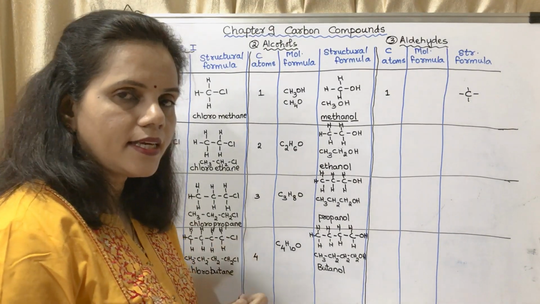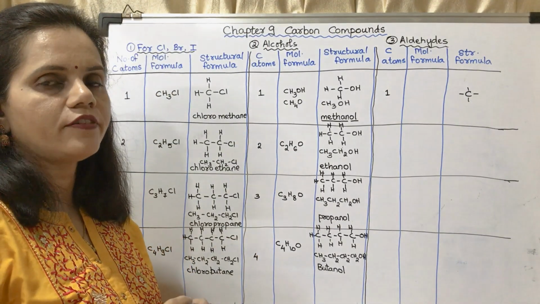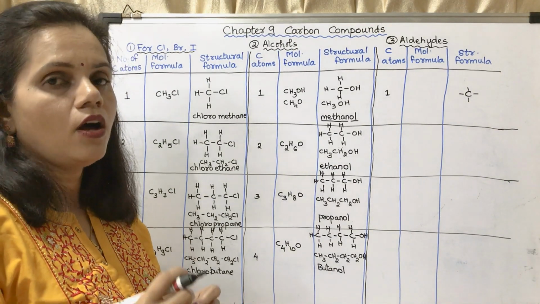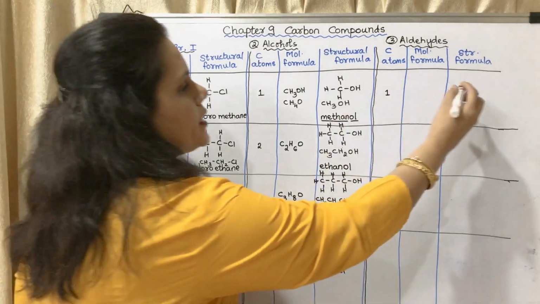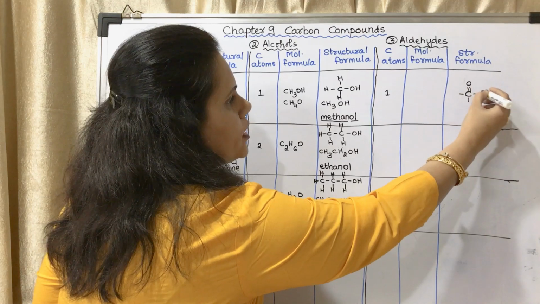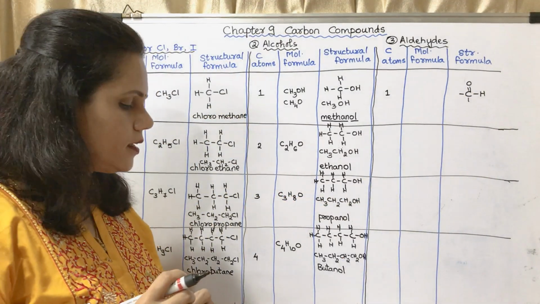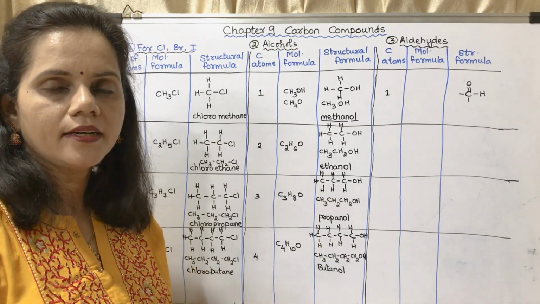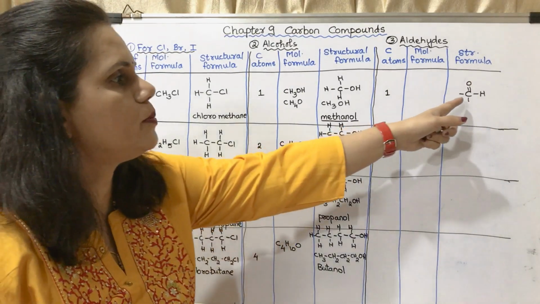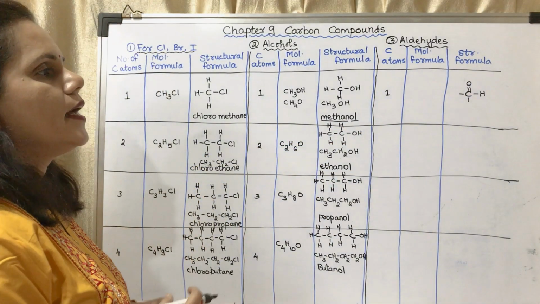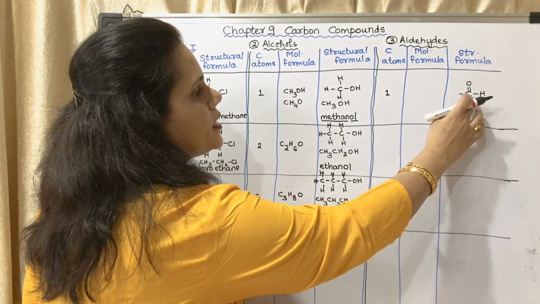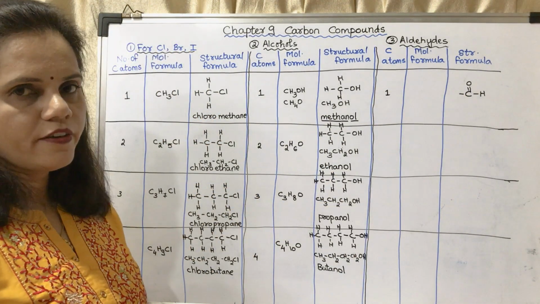Now in this CHO functional group, you have to count that also. So in that CHO, 1 is O here and 1 is H here. You may see this in the table on page number 118. Just now we had studied CHO means it is like this. Now after drawing that CHO, you may see there should be 4 lines.